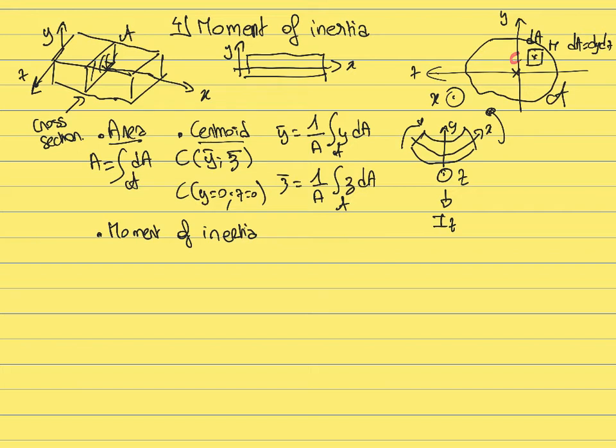But on the other hand, now think of a case where the beam is not bent about the z-axis, but bent about the y-axis. For example, if you have a beam that is initially straight, where this is the x-axis, the z-axis is like this, and the y-axis is going up like this.